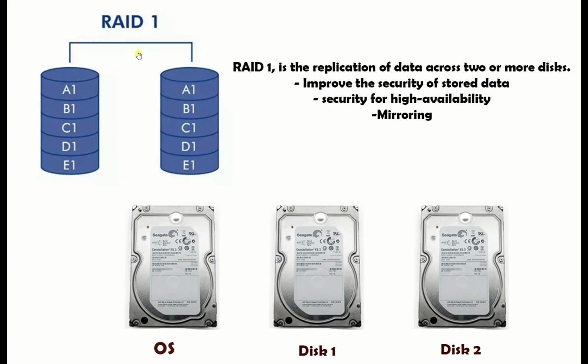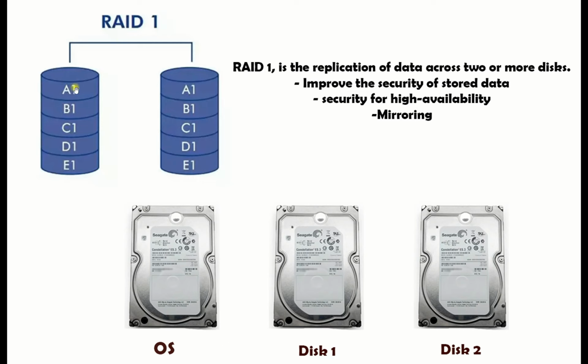And as you see here, in this lesson, I will show you how to configure RAID 1 for those who have a limited budget for your organization. Let's say I have hard disk 1 and hard disk 2 like this. So this one will be mirrored for RAID 1.